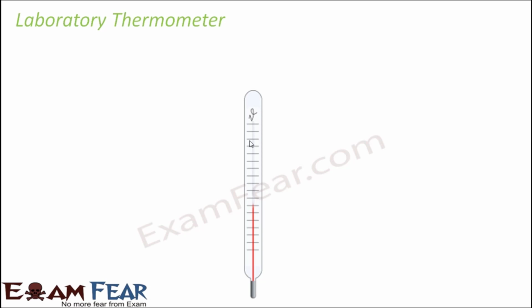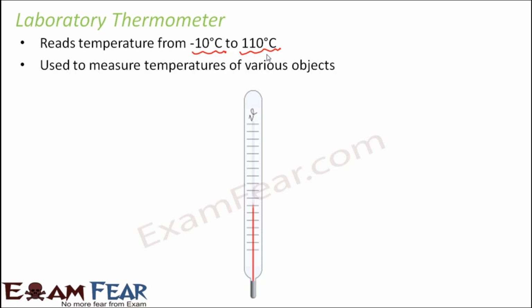So that is why the laboratory thermometer came up, which has a broader scale. Here the temperature ranges from minus 10 degrees Celsius to 110 degrees Celsius. So you see a huge range of temperatures can be measured using this thermometer. So it is used to measure temperatures of a variety of objects.